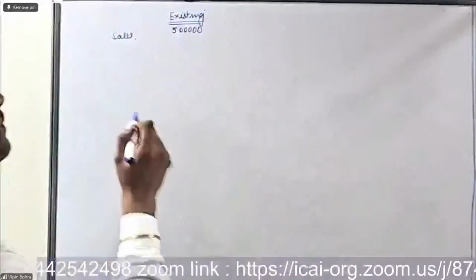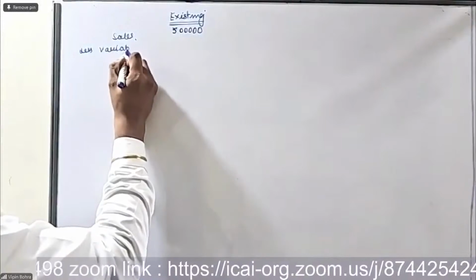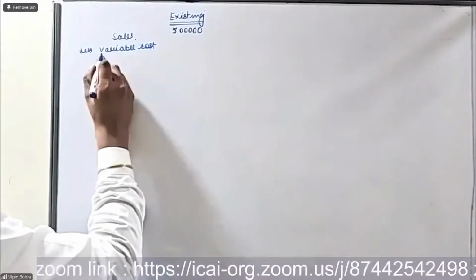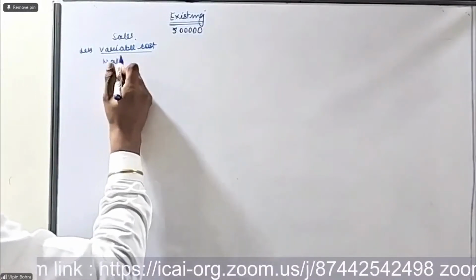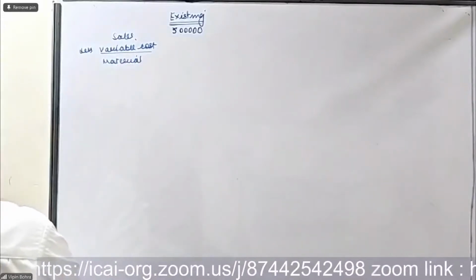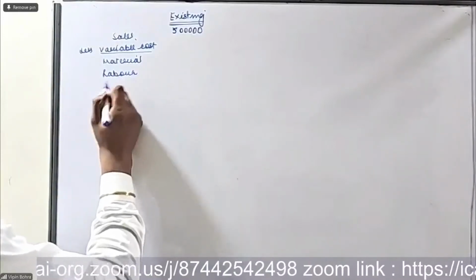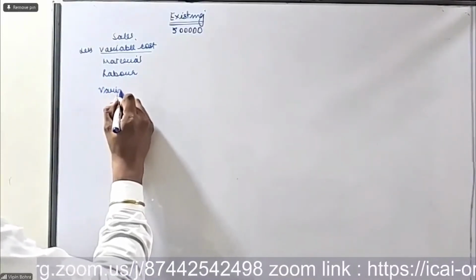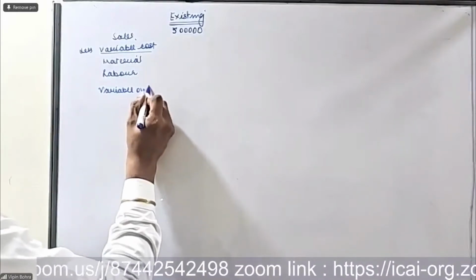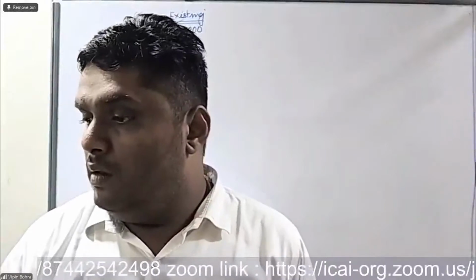My material, labor and variable overheads are given, that is 2,50,000, 1 lakh and 40,000.